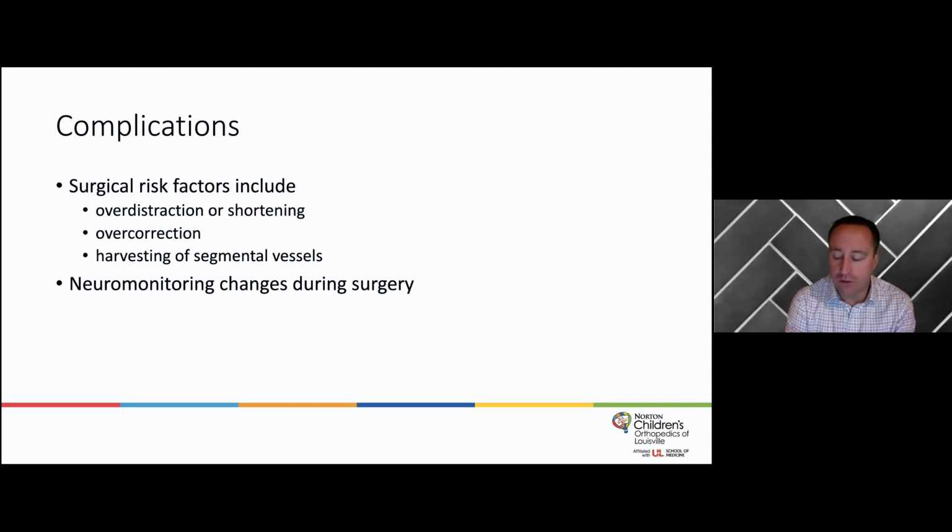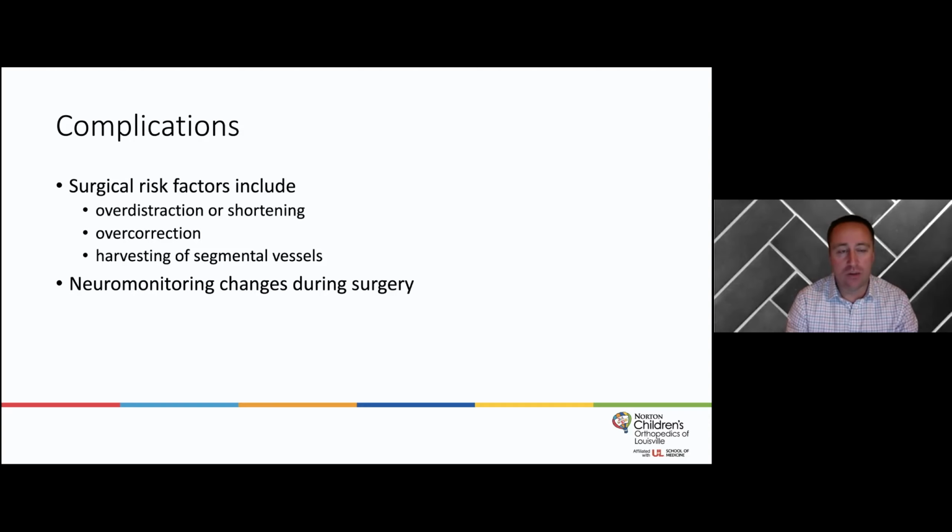But we do certain things to help prevent complications. The biggest thing is to try not to over distract, try not to overcorrect, try not to disrupt the blood supply to the spinal cord, and always use neuromonitoring. Because in a typical adolescent idiopathic scoliosis case, very rarely are you going to have neuromonitoring changes.